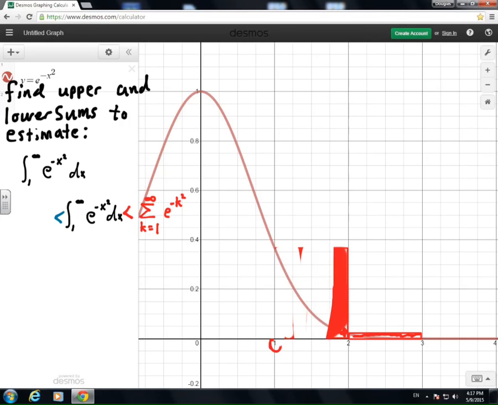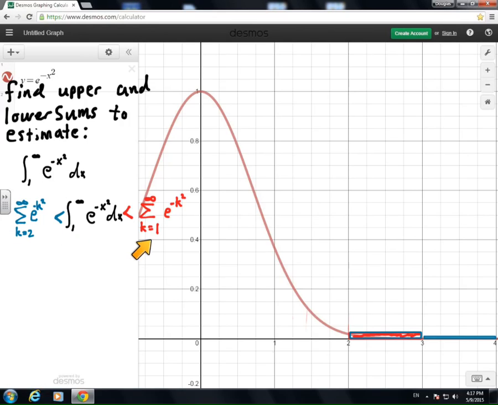On the lower end, we're going to move the rectangles 1 unit over. So now we're going to start at 2, and we get a rectangle, and we start at 3, we get another rectangle, and so on. That's clearly going to give us a smaller area. We're going to be less than the integral from 1 to infinity. So that statement is set over here.